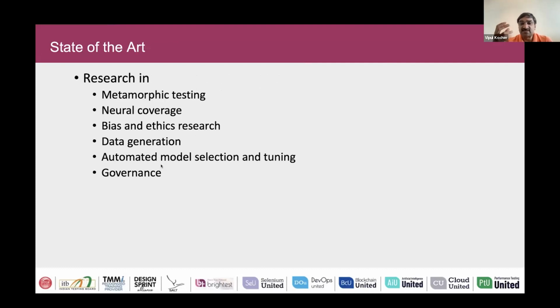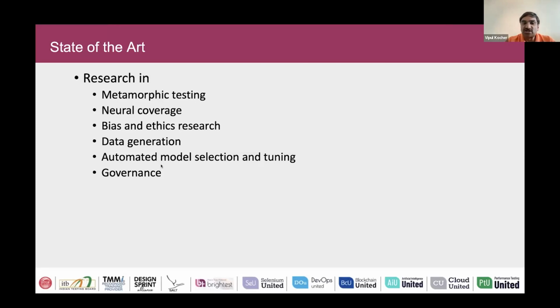Bias and ethics form a very strong part. For example, if an AI, let's say, doesn't give you a credit card because of the area in which you live or because of your race, then that is an example of bias. If you are given a lesser salary because you are female, that's a bias, right? So your model is only as good as the data.